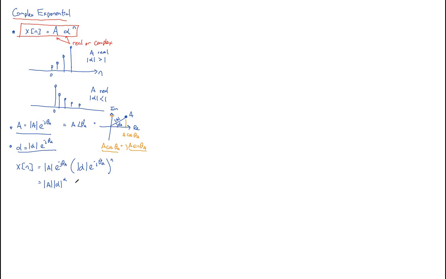And then my e's would look something like this: j times theta A plus theta alpha times n. And so now I can see that it's got this. If I wanted to use Euler's identity, I could say it's equal to this times cosine of everything inside here.